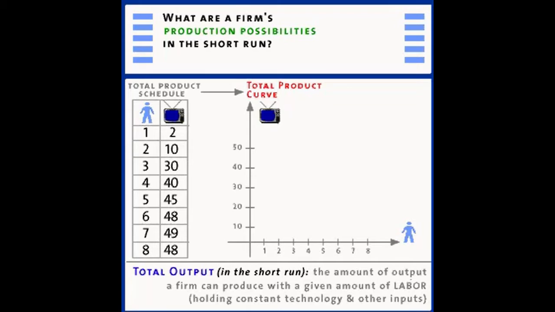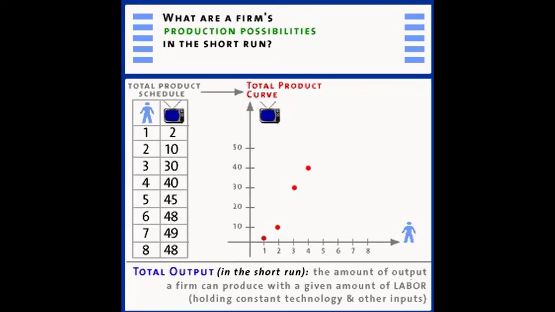If you add a second worker, your total output per week is going to go up to 10 televisions, according to the chart. The third worker increases total output to 30 televisions per week. The fourth worker adds a total of 10 more televisions to give us a total output of 40 televisions per week. Notice now we're getting combinations of quantity of workers and quantity of televisions produced per week.